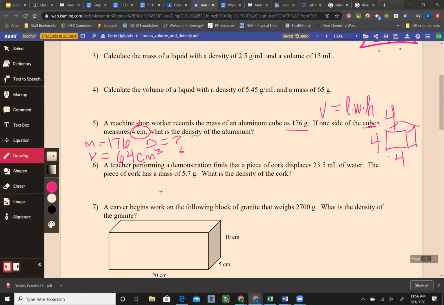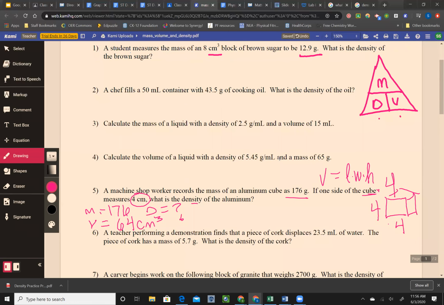So number 6, they give you the milliliters and they give you the grams. Remember that 1 ml is equal to 1 cubic centimeter, so you don't need to change anything on number 6. Okay, write these things down. This is on video. You can always rewind those portions. So now, if we're solving for density, what's our formula for density?